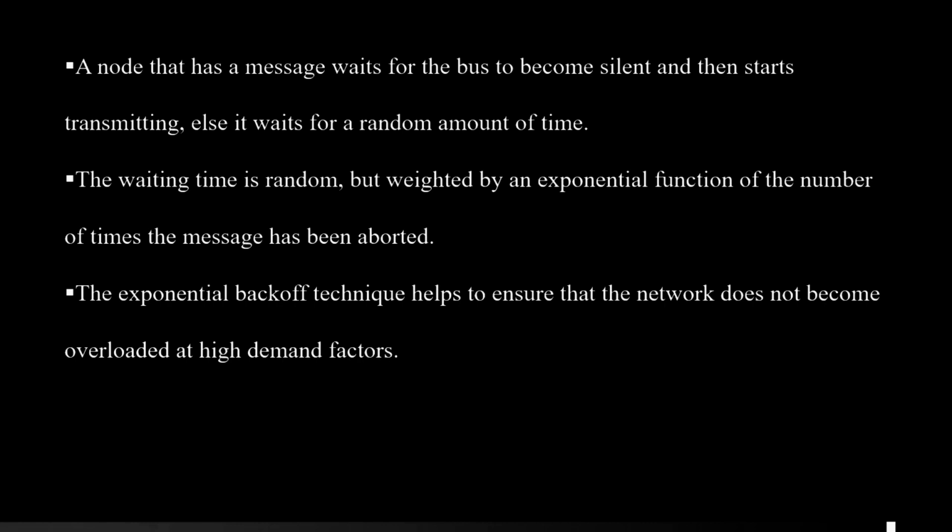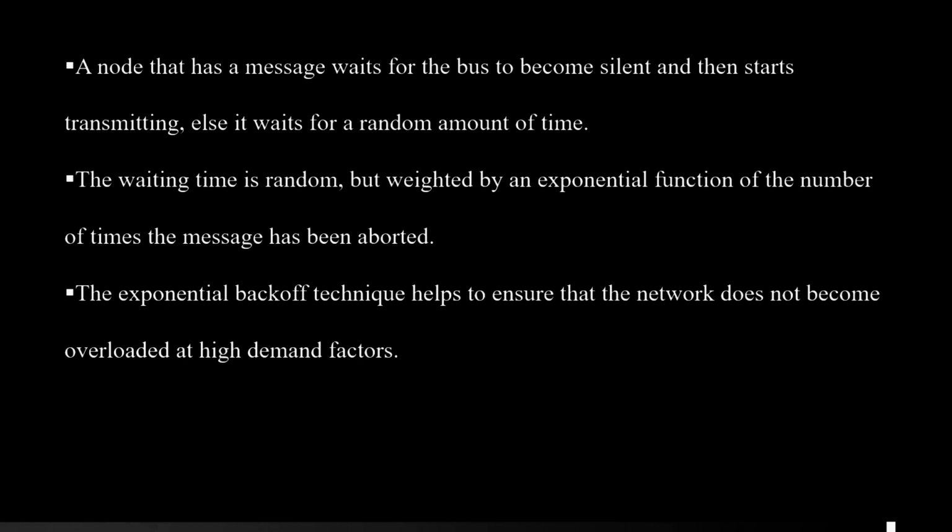The waiting time is random, that is, it is an exponential function where the power will be the number of times it has backed off. A particular node, when it has to transmit a message, has to listen to the bus and make sure that the bus is silent.